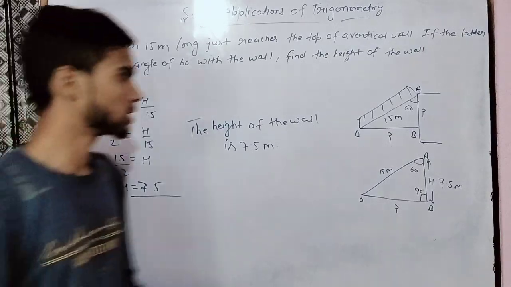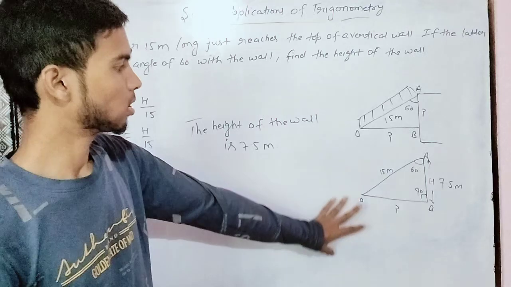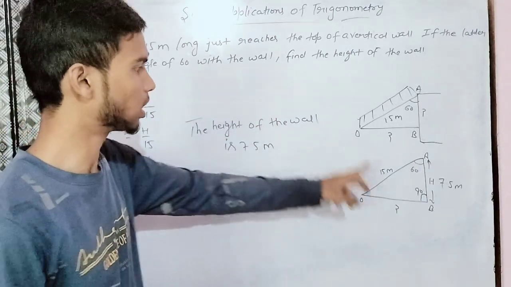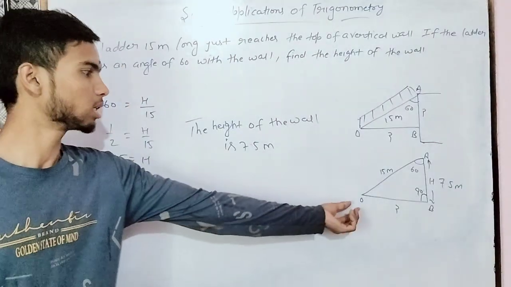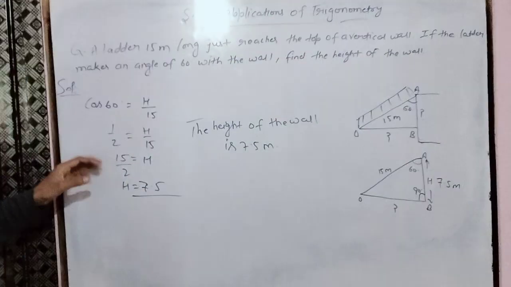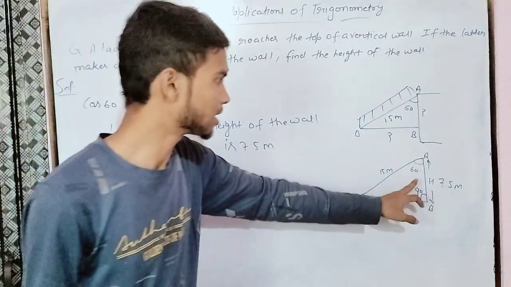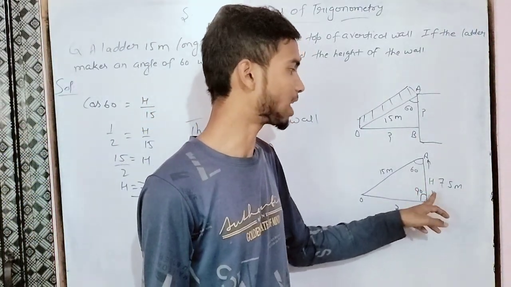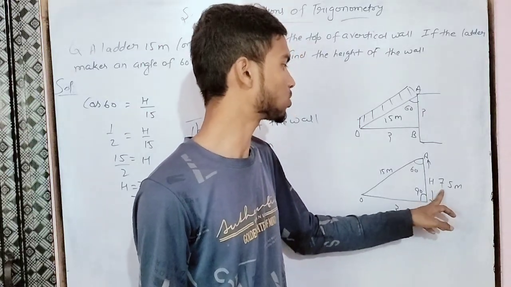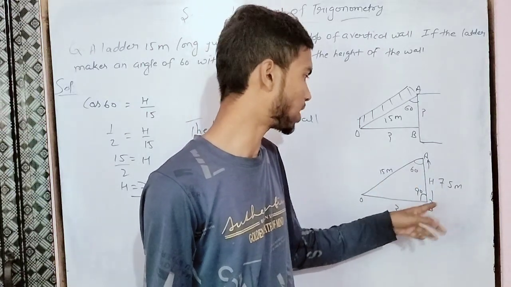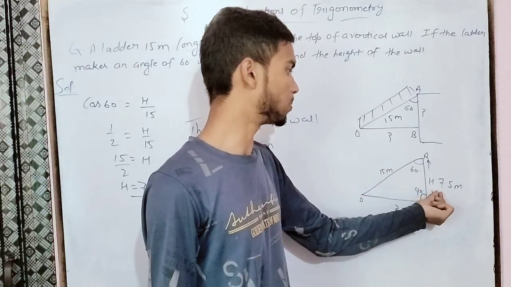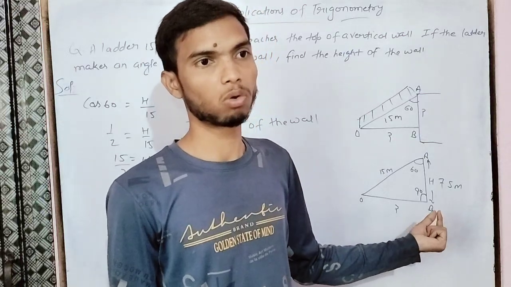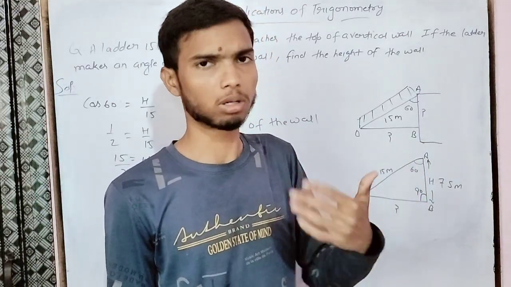So here what we did: we have drawn from this question. We converted this statement into a figure. Then we converted this into mathematics. So here we know that according to this, this is the perpendicular, this is the base. We have been given the value of the base side. Now we have B upon h, otherwise h upon B. So here you will have sec theta or cos theta.